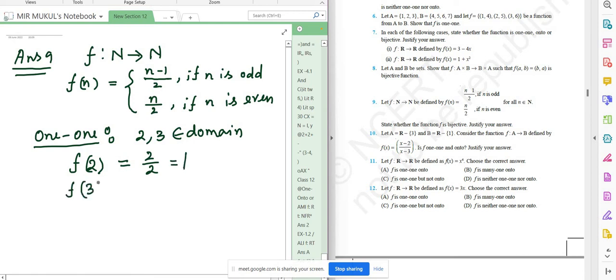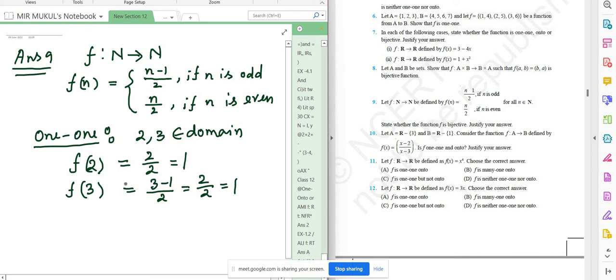And f(3), 3 is odd, so here you have to put that. That means (3 minus 1) by 2. So it is 2 by 2, so it is 1.